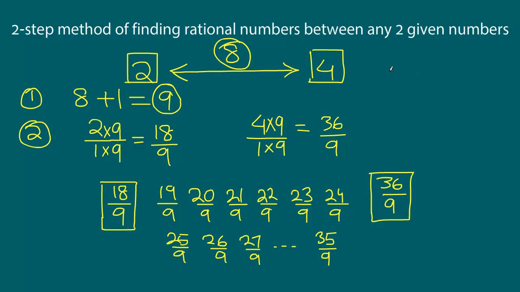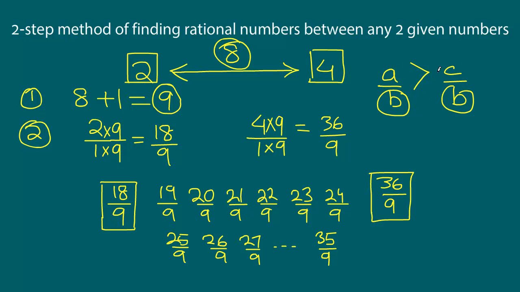As you will recall, if we have two fractions, say a by b and c by b, with the same denominator, it is much easier to compare them. If a is greater than c, then a by b will be greater than c by b. If a is less than c, then a by b will be less than c by b.